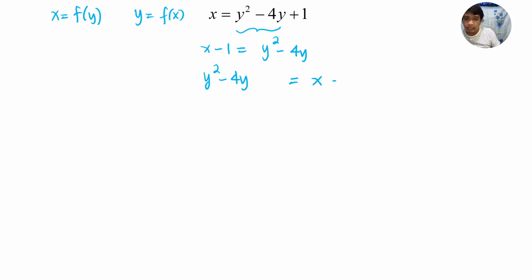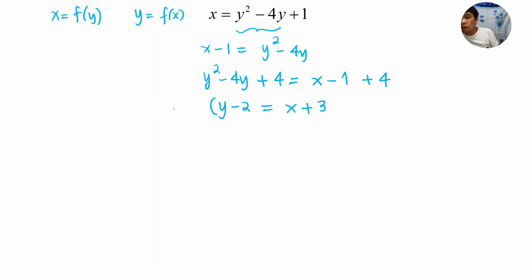To be able to solve for the value of y, kailangan muna nating completing the square. So, how do we do completing the square? Di-divide lang natin ito by 2, and then the answer must be raised to the second power. And that must be added on both sides of the equation. So, magkakaroon ako dito ng y minus 2 is equal to x plus 3.